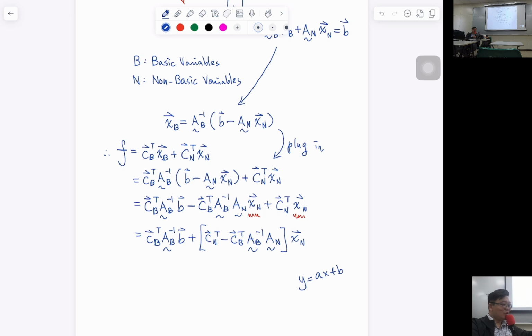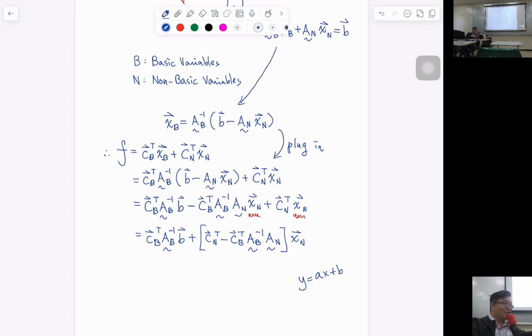For y equals ax plus b, and x has to be positive, what would be the smallest value for y? When x equals 0, right? But no, I'm sorry.